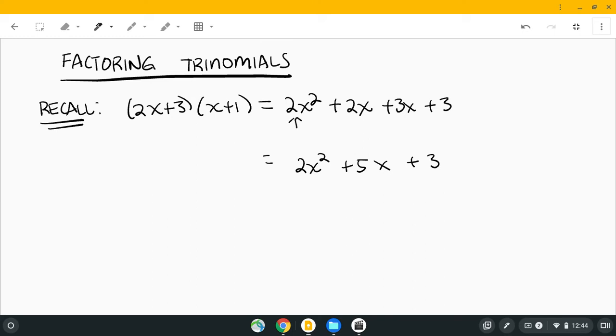What I mean is, between these two, this is the first one, that's the second one. And between these two, this is the first one, that's the second one. So I got this term by doing first times the first. And then I got this one by doing the last one times the last one, or the second term times the second term.